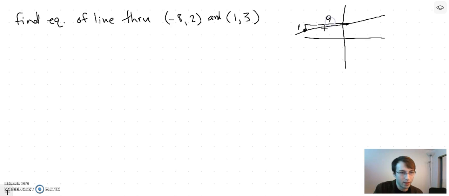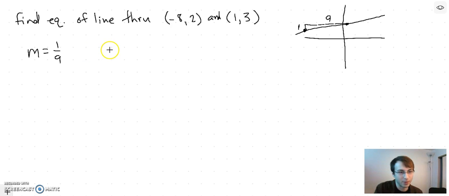So the slope then, if you're going 9 over and you end up going 1 up, is 1/9, because every step over you're going 1/9 of the way up. So m equals 1/9. And then it's kind of like the previous problem.